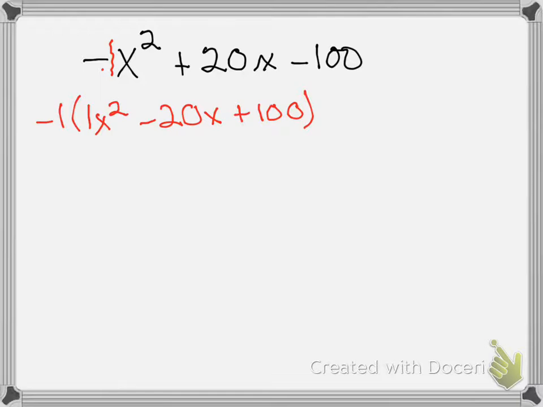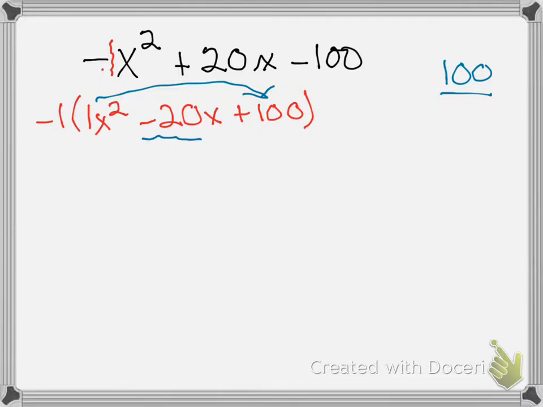So then we're good to do like we've been doing. We're going to say 1 times 100, which is 100. And then we're trying to figure out the two numbers that multiply to positive 100 and add to negative 20. So we're multiplying to get a positive, but the numbers have to add to be a negative. That means both of the numbers are going to have to be negative, okay?